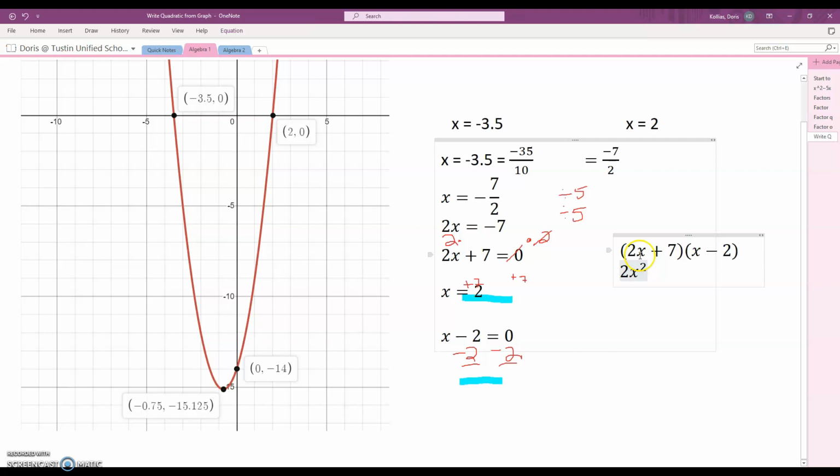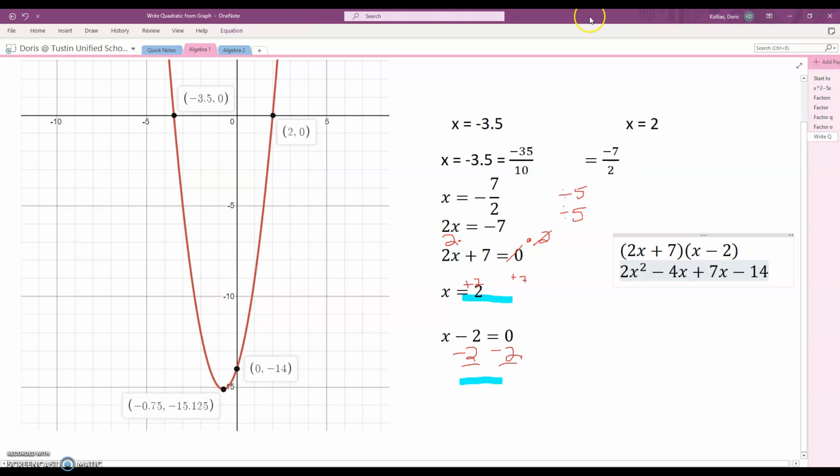Then we're going to do 2x times negative 2, which gives us negative 4x. Then we're going to multiply 7 times x, which gives us a positive 7x. And then we're going to multiply 7 with negative 2, and that gives us a negative 14.